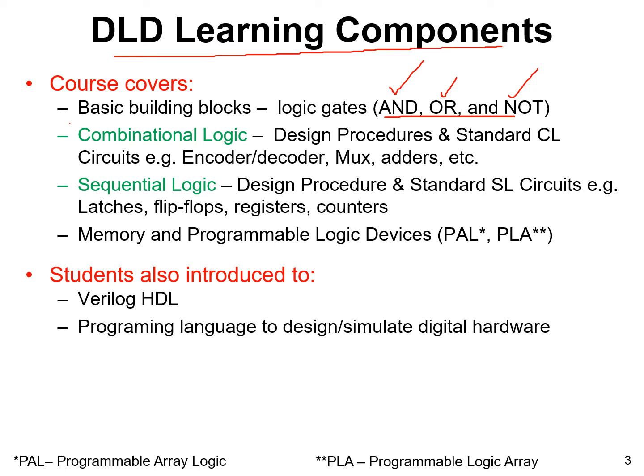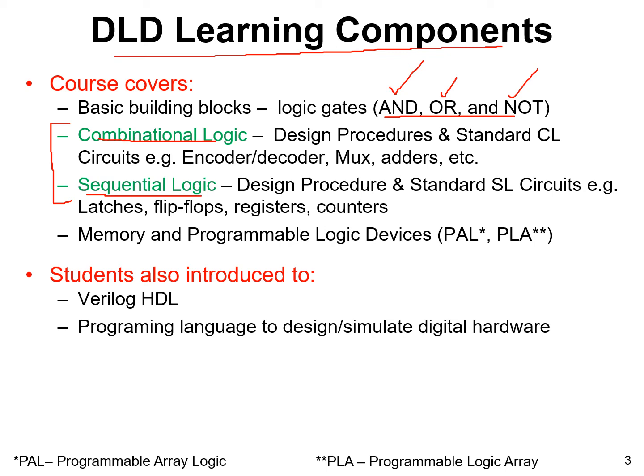Digital logic design, or the logic circuit, can be divided into two main parts: the combinational logic circuits and the sequential logic circuits. This course is also limited to these two basic concepts. Combinational logic circuits are those circuits which do not have memory elements.